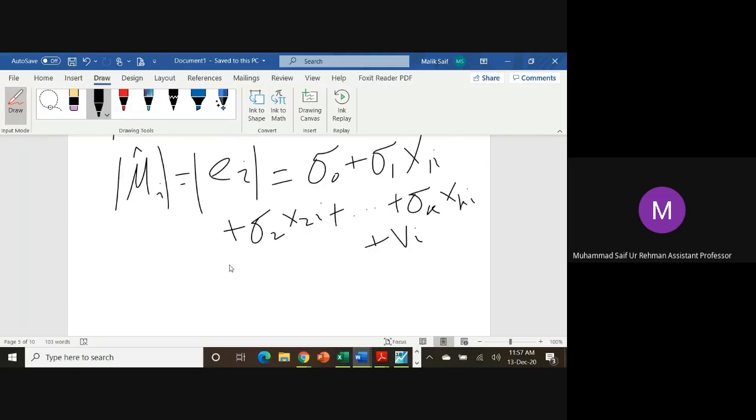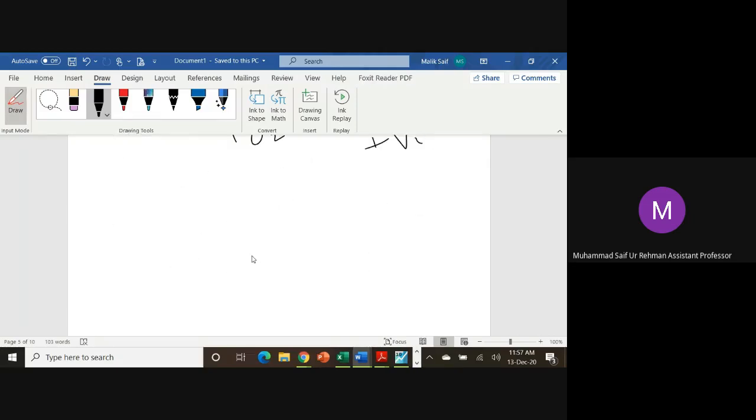Then there is another test that is called the Harvey-Godfrey LM test.